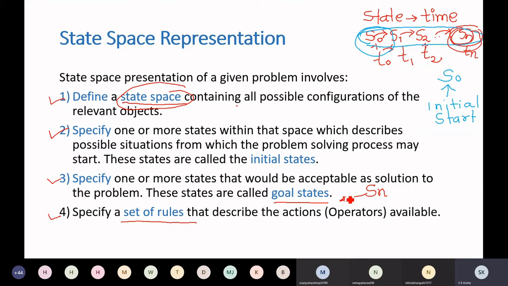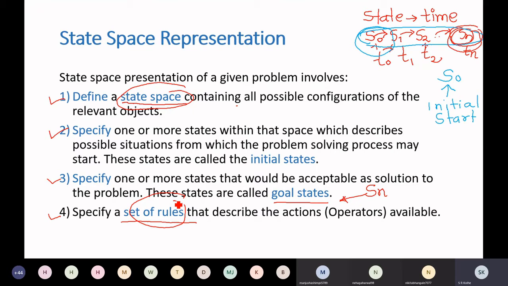And once you have defined initial state and final state, then the next step is you will have to define a set of rules that will describe the actions that you are going to perform on the states to get the final state, right? So this is what state space representation of a given problem is.